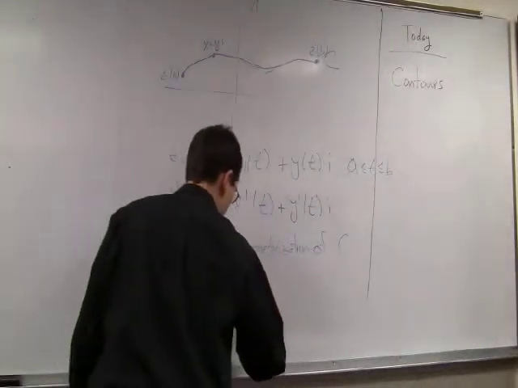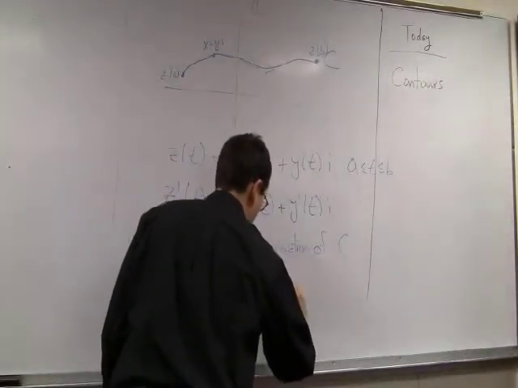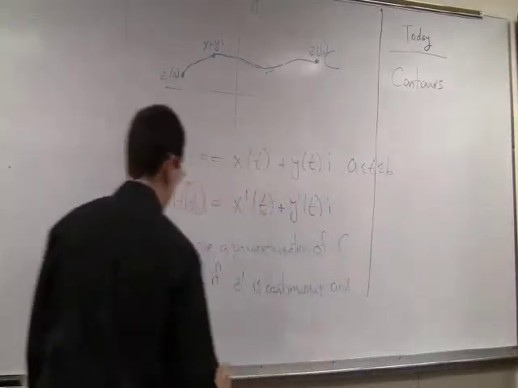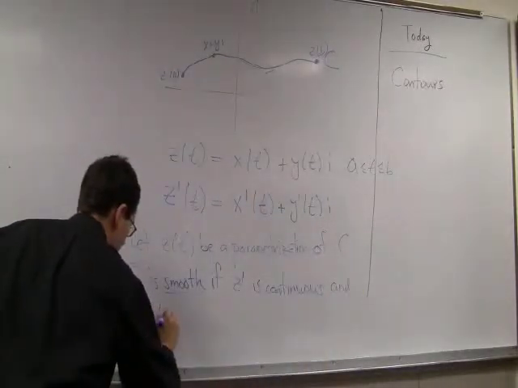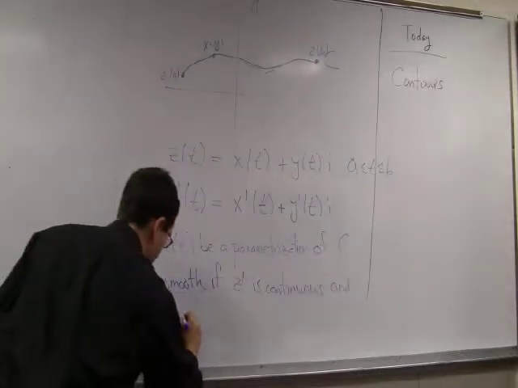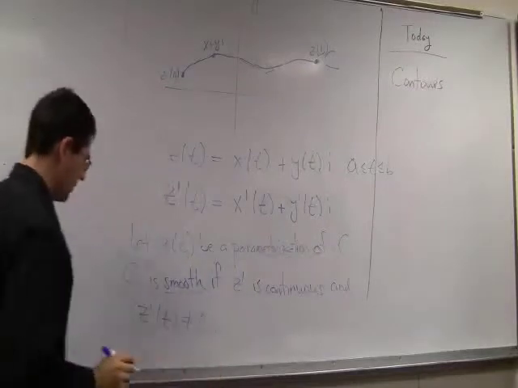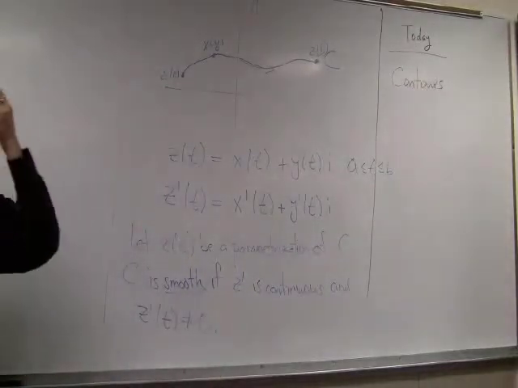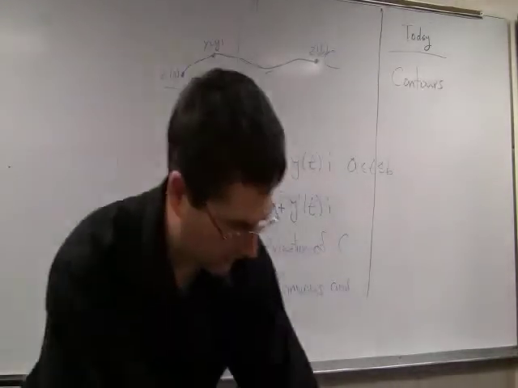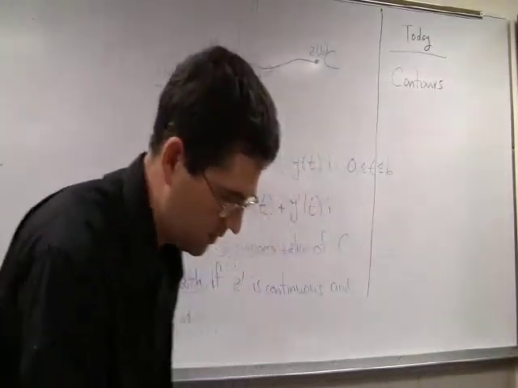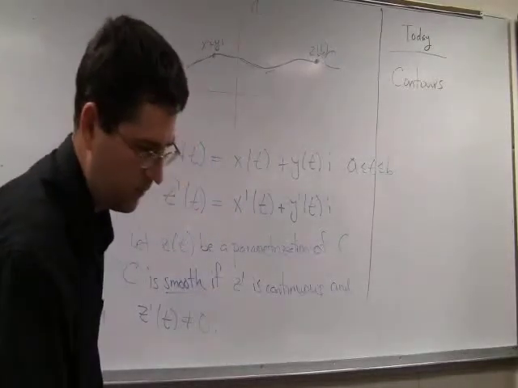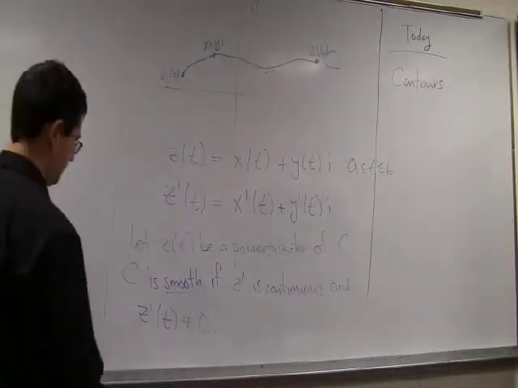So if Z prime is continuous, and Z prime of t, on the interval A to B, is not 0. Wait a second, something's not right there. Oh no, it's fine. Okay, good.